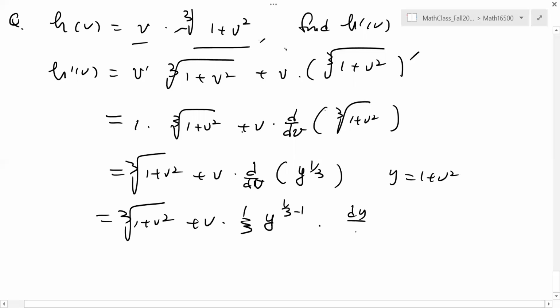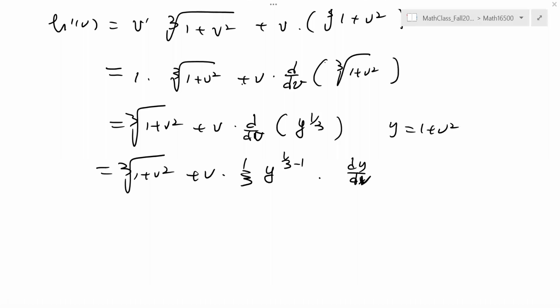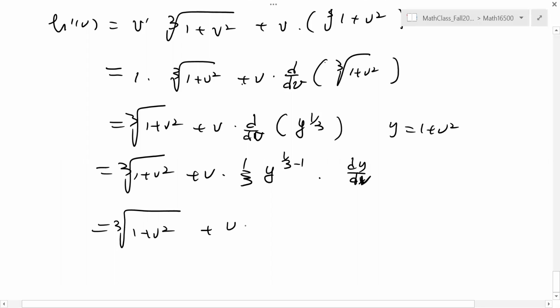Then don't forget to differentiate y with respect to v, which is 2v. Okay. Yeah, it's pretty complicated.